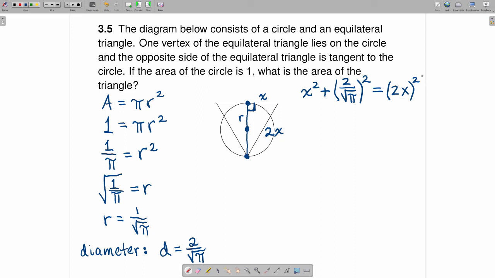So let's work with that equation and see if we can find the value of x. And once we have that value of x, we're not far from finding the area of the triangle.